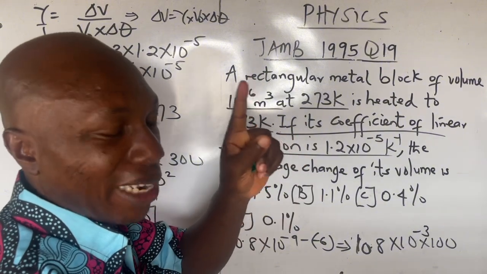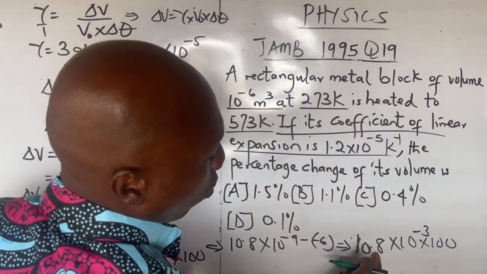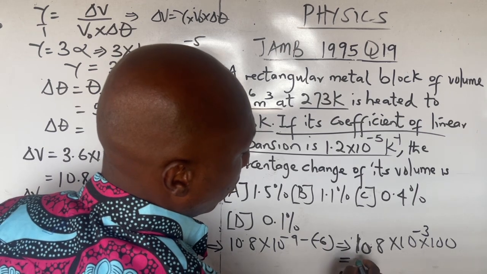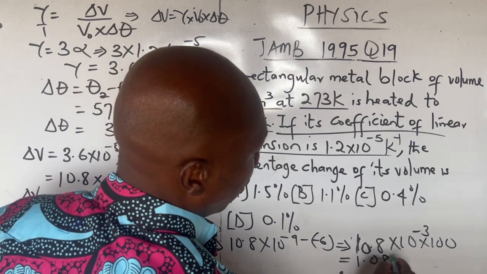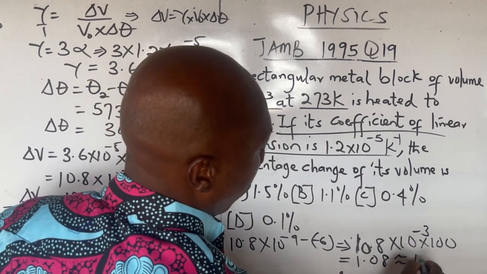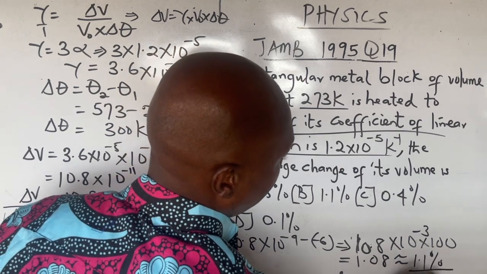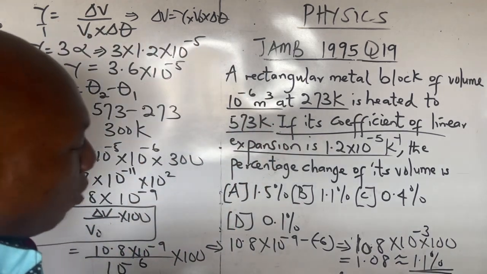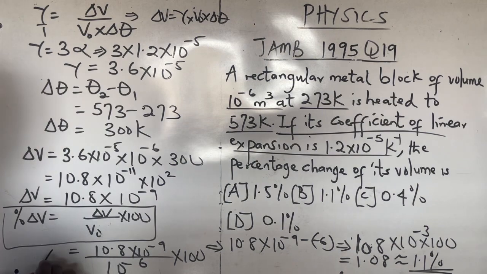That is 10 raised to the power minus 1. That means we are moving the decimal point once. So the final answer will be 1.08, which is approximately 1.1%.